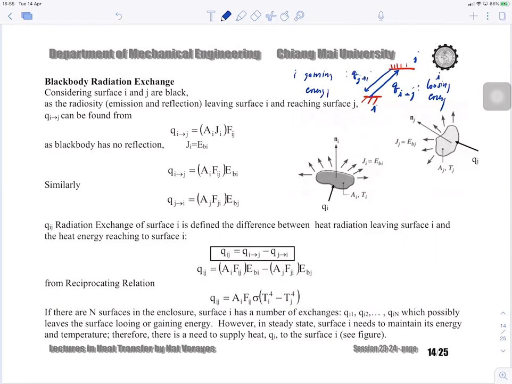But at the same time, the surface J gonna bring energy into the surface I. Okay, that's Qj back to I. How do you find the resulting energy, if it is gaining energy or is losing energy? We talked about radiation exchange.